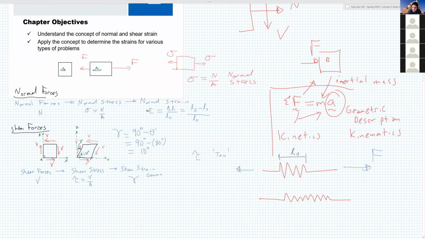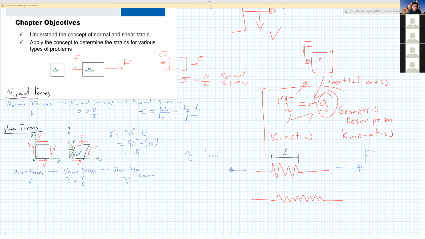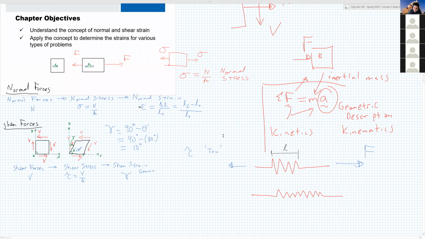And then it should have some final length, right? But we care about when there is force. There is no force when the spring is not stretched. So what we care about is its change in length.